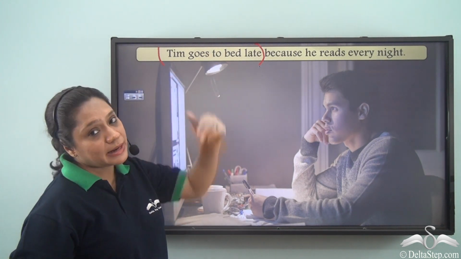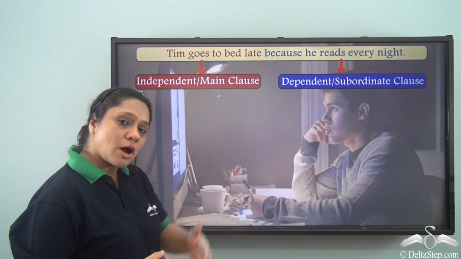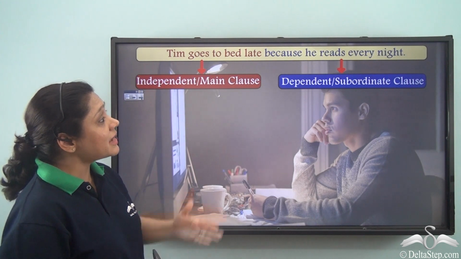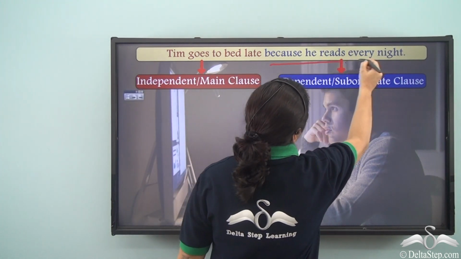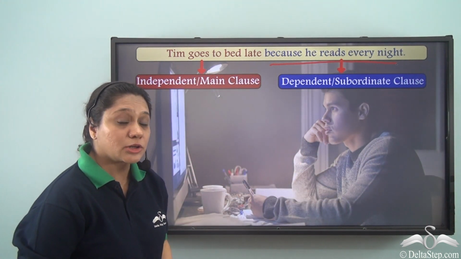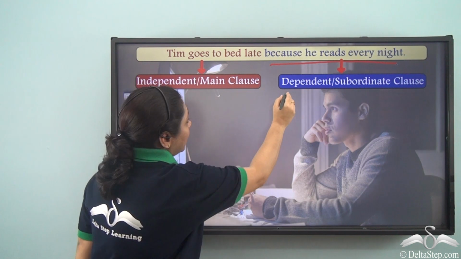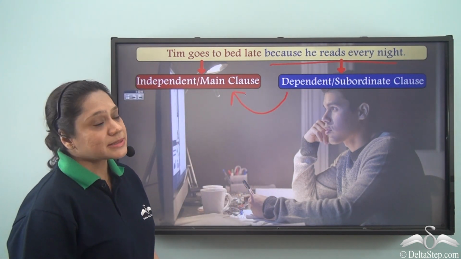"Tim goes to bed late." So this is an independent or a main clause, whereas the second half of the sentence, "because he reads every night," is the dependent or a subordinate clause because it depends on the main clause to complete its sense.